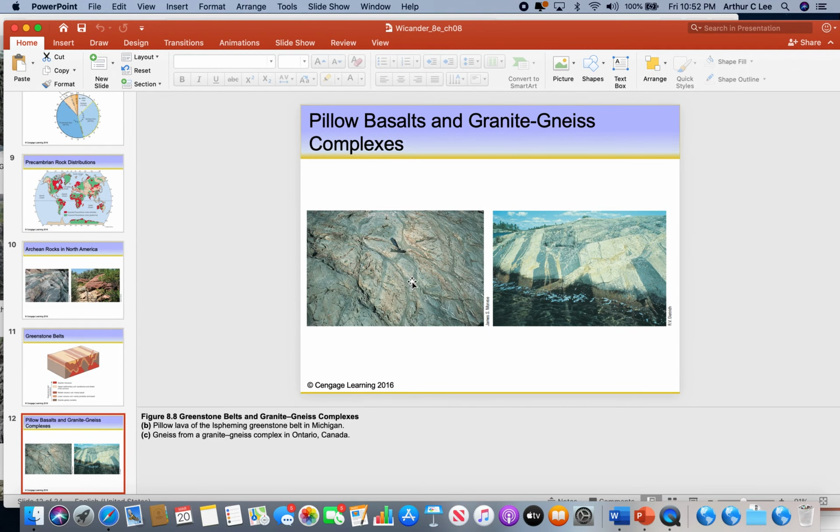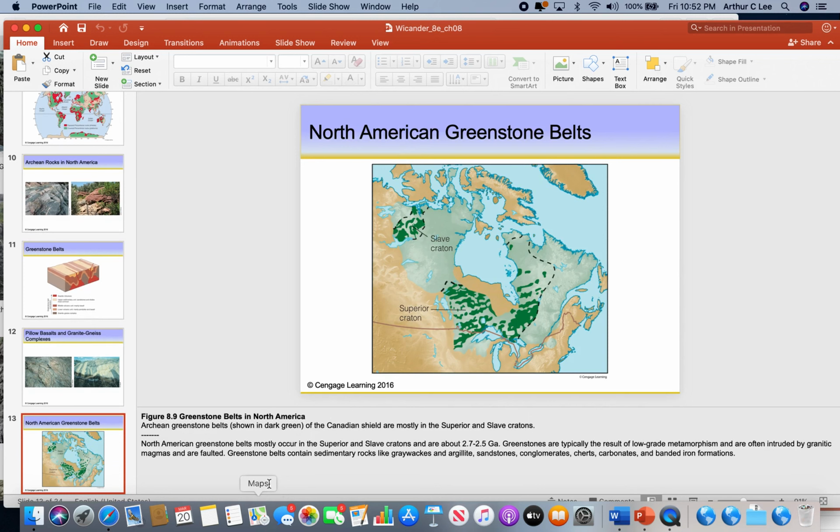So we had oceanic crust, represented by these pillow basalts, and we have these granite gneiss complexes, representing continental crust. So by Archean time, we're starting to get plate tectonics more similar to what it is today. Here you can see various cratons.